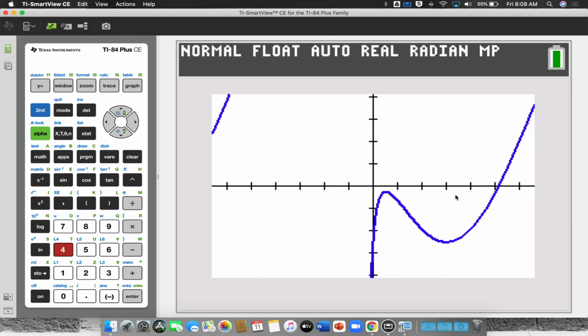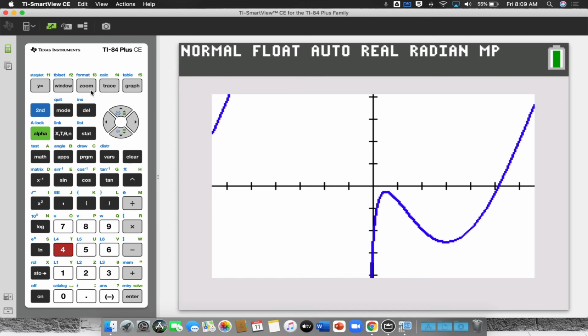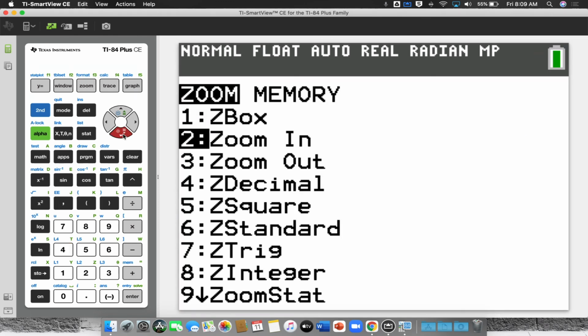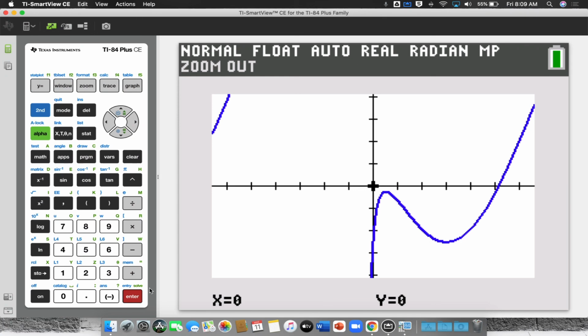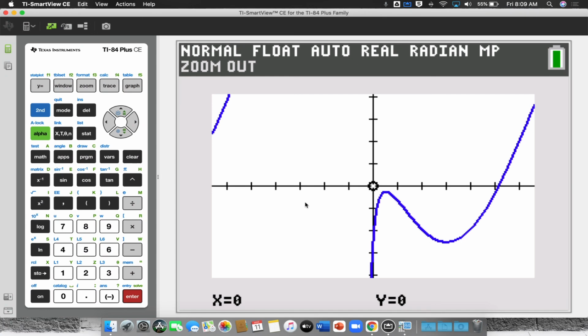Okay, so let's zoom out. Anytime you want to see the bigger picture, you can go to zoom, zoom out, and it's going to ask you where you want to zoom out from. Where's your perspective point? Do the center.